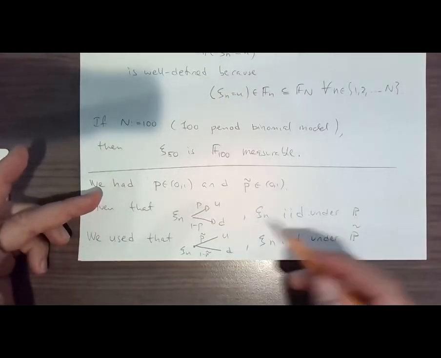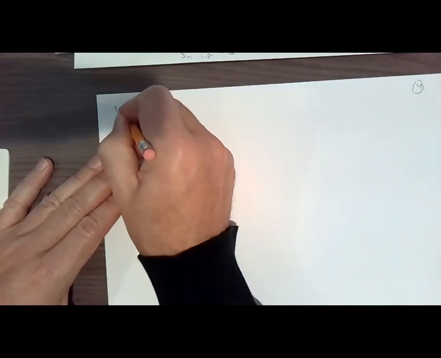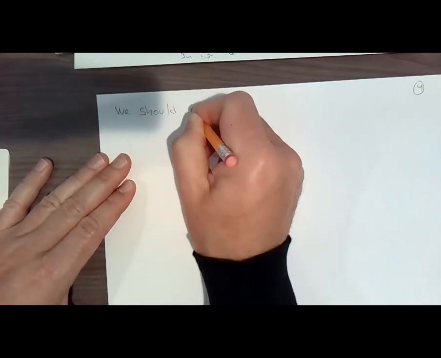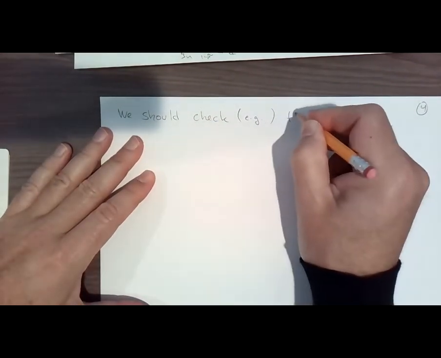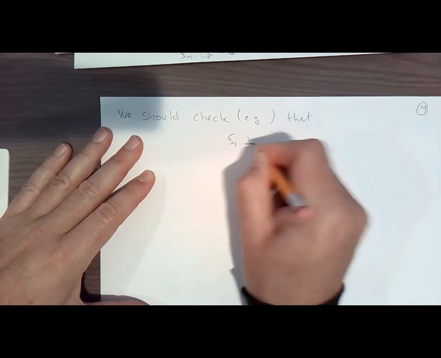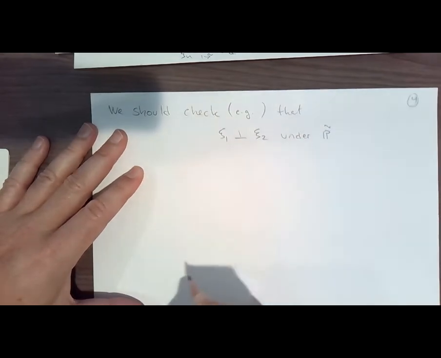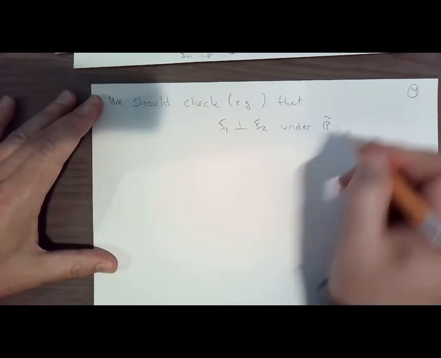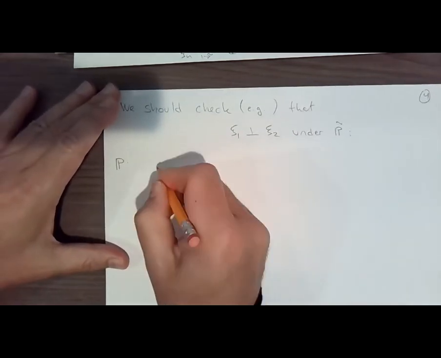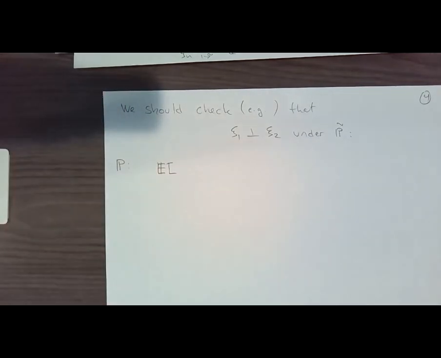Because you were only given that they were independent under P. So one thing we need to do is check, for example, that psi 1 is independent of psi 2 under P tilde. How would one do that? Under P, if you were to check for independence, you could compute the joint moment generating function.